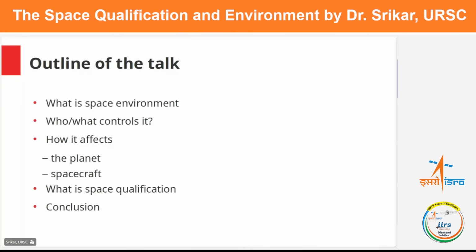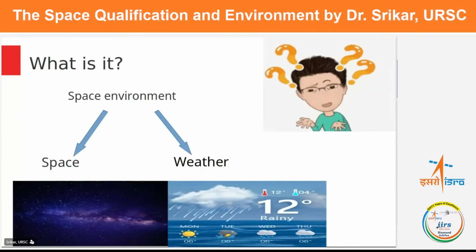In that perspective we will talk, and then come to the space qualification measures that we usually do, and then give a conclusion. So let's move on with the talk without any delay.